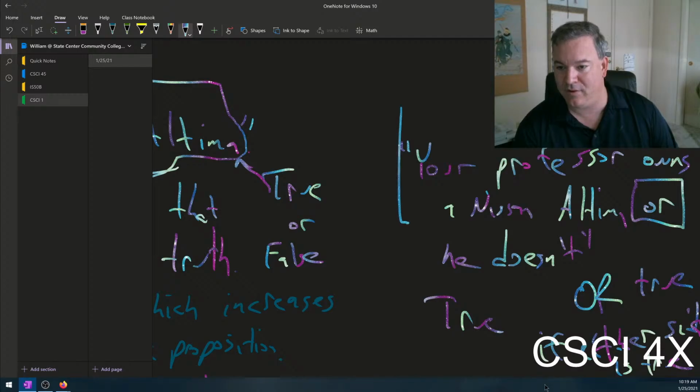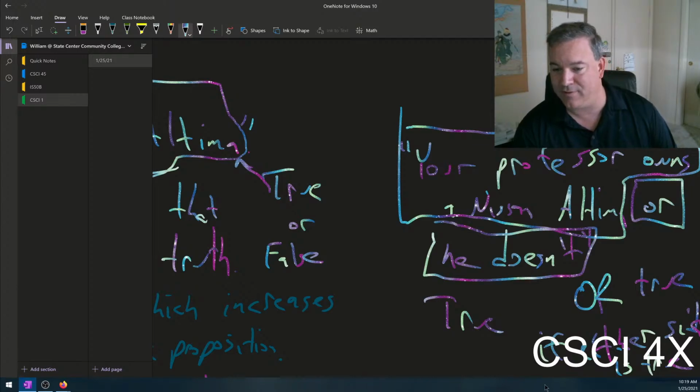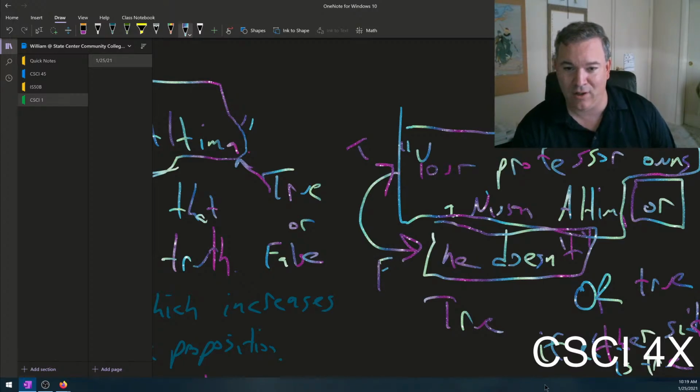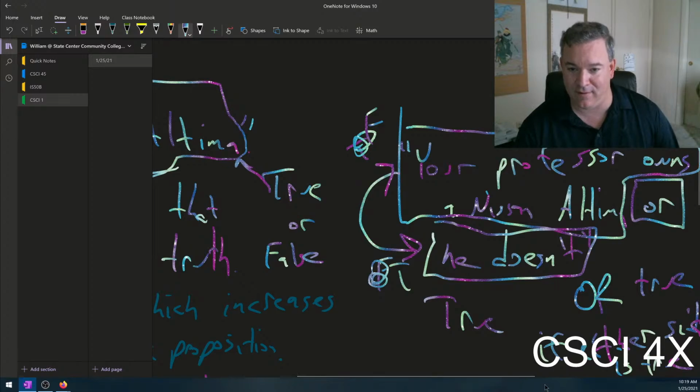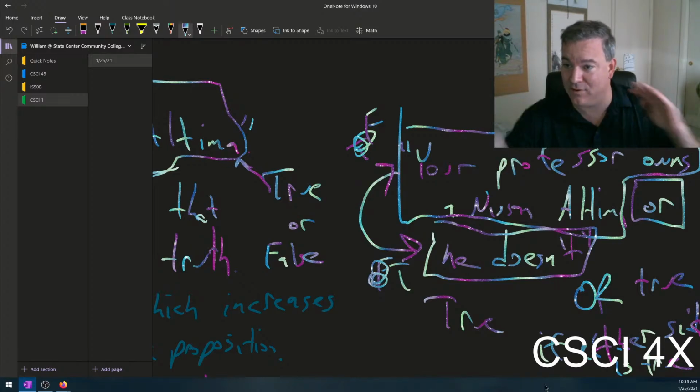Over here, your professor owns a Nissan is one side of it, and he doesn't is the other side. These two things are logical negations of each other. If this side is true, this side is false, and therefore the whole thing is true. Or this side is false, this side is true, and then the whole thing is true. An or statement is true if either side is true. And in this case, one of the sides must be true because they're logical opposites.